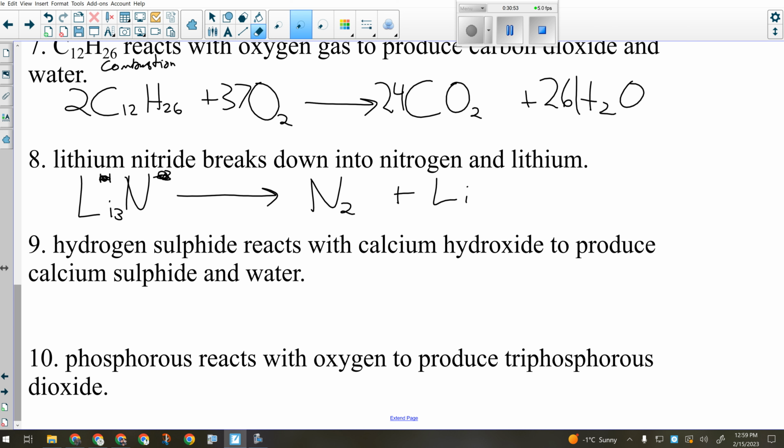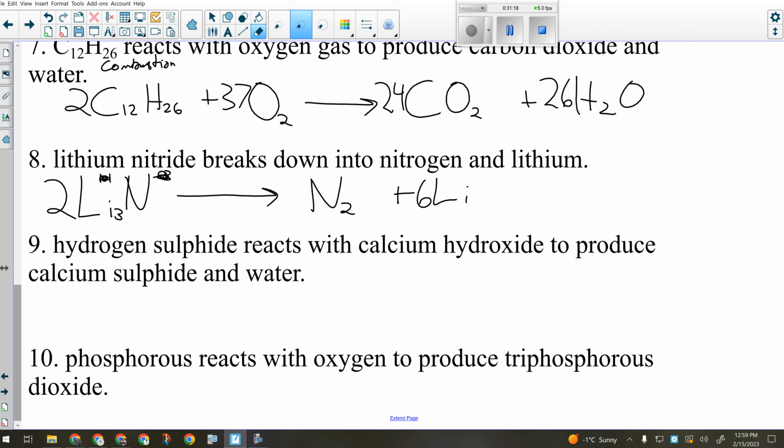Nitrogen has a charge of -3, and there are 2 of them over here, so it has a bigger effect on how the reaction works out than lithium does. If I just balance the lithium, I'm going to go right back over here to change the number in a minute. So I'm just going to start with nitrogen. There are 2 nitrogens on this side, so I'm going to put a 2 here. That's going to give me how many lithium? 6. Am I good now?